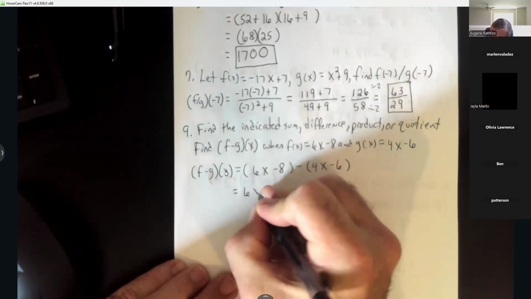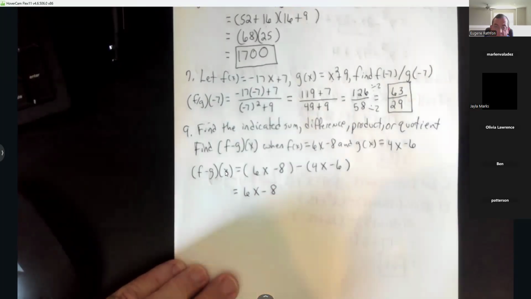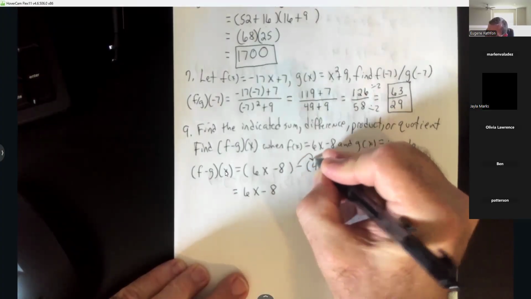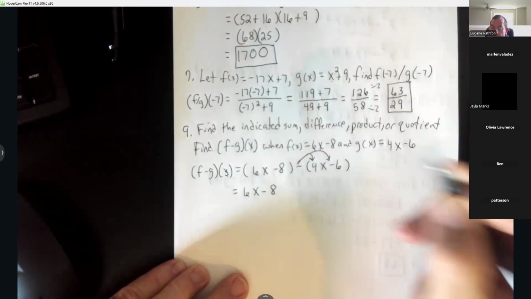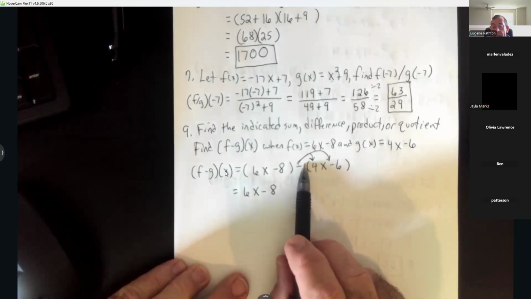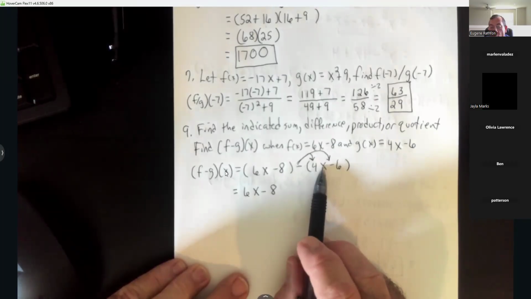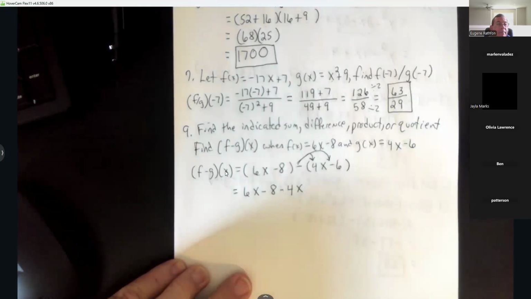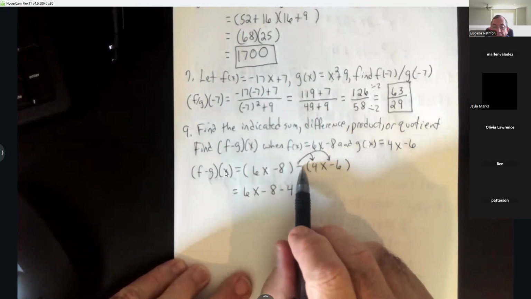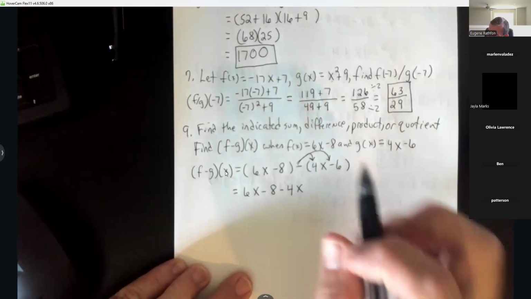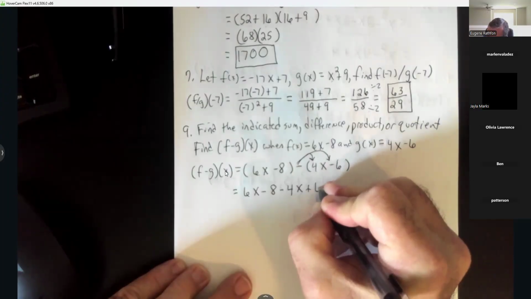That's going to come out as 6x minus 8. But remember we said on subtraction, we have to distribute that negative. I treated this like a negative 1 on that support the other day, or yesterday. So that's like a negative 1 being multiplied by 4x. That's going to make that a negative 4x. And then you're multiplying that negative times that negative 6. Negative times a negative makes that a positive 6.